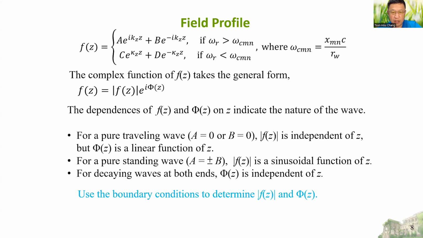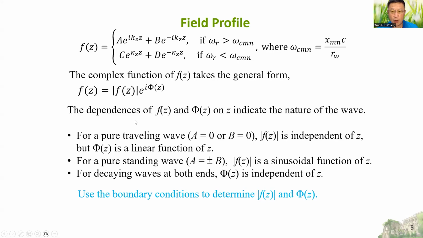So what's next? We want to determine the coefficients. How do we determine them? Use the boundary conditions to determine f of z and phi of z. We are going to determine this phasor, f of z, amplitude and phase.